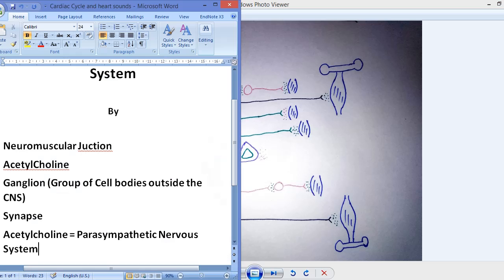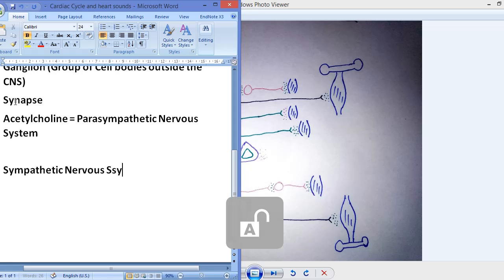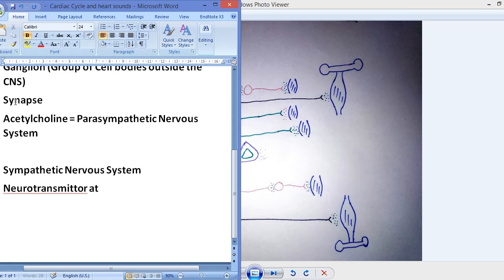This is very important: in the sympathetic nervous system, the neurotransmitter at the ganglion will be acetylcholine.